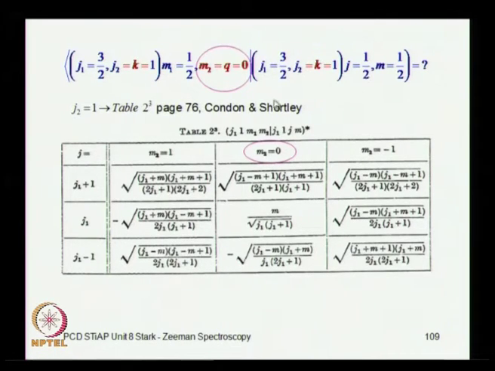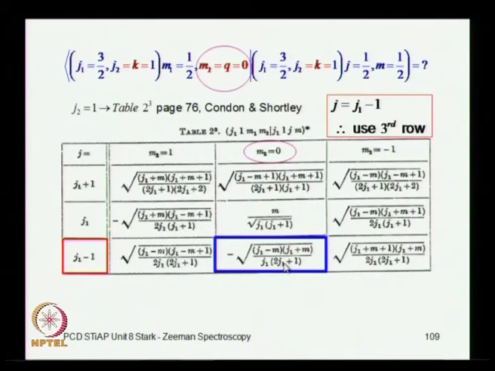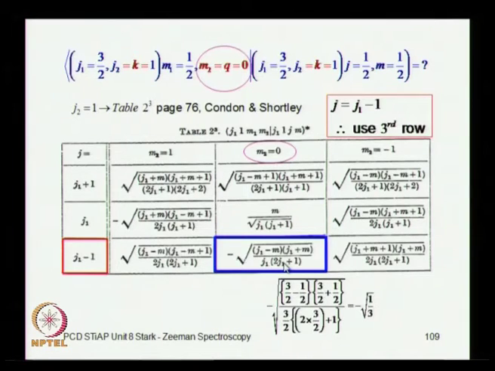This is J equal to 1/2, this is J1 equal to 3/2, the difference is 1. So, it is J1 minus 1 which will give you the value of J. So, again you must look at the third row and you look at this expression and plug in the quantum numbers, again it turns out to be root 1 over 3, with a minus sign. But for a different reason.